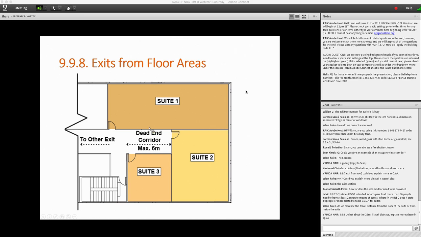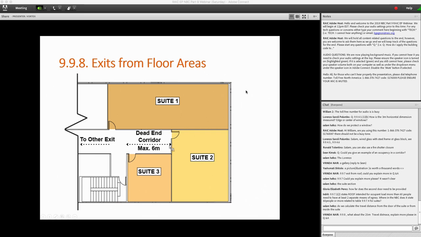So the first thing is that because we have more than one suite, we either have to provide an exterior exit doorway for every suite on this floor area, or we provide a door that opens into a public corridor. Now, once you are in the public corridor, you should have access to 2 exits located in the public corridor, and the exits have to be located remote from each other.